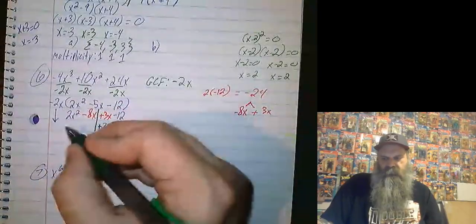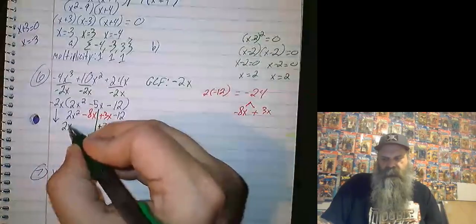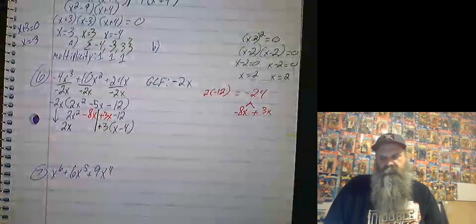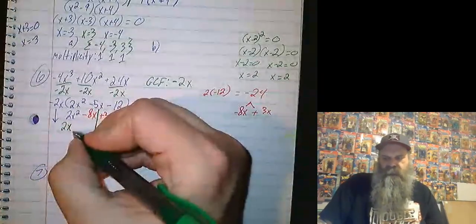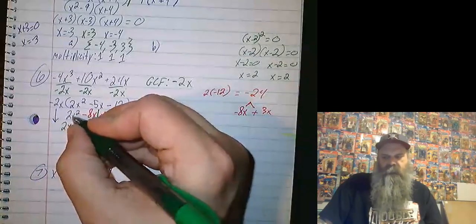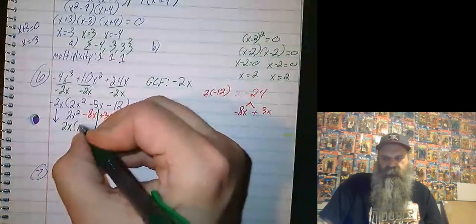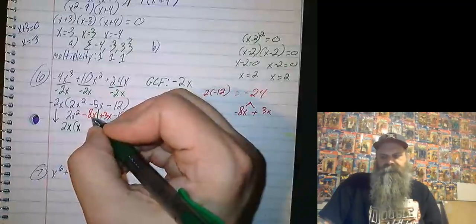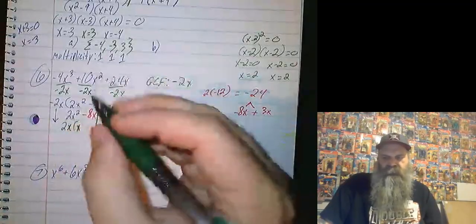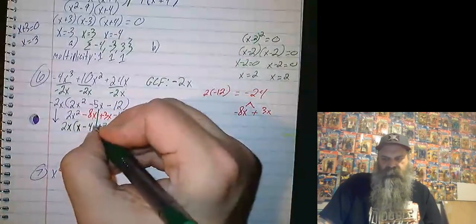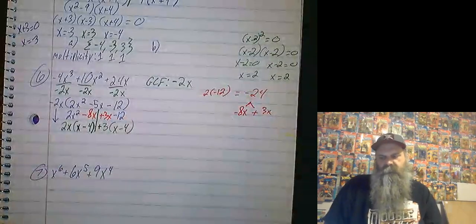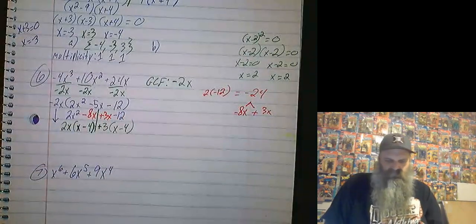Over here, I can factor out a 2x, because both of these terms have an x. 2x squared divided by 2x is x. Negative 8x divided by 2x, the x's would cancel. Negative 8 divided by 2 is negative 4.